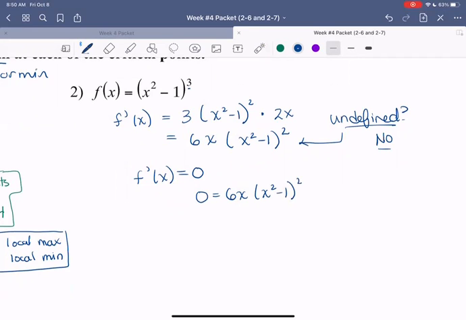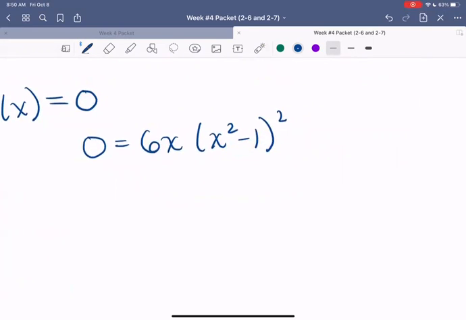So here we have a product equal to 0. So in order to get this product equal to 0, at least one of these terms is going to be equal to 0. So that would mean either x is equal to 0 or x squared minus 1 equals 0. So this second equation would tell us that x would equal 1 or negative 1.